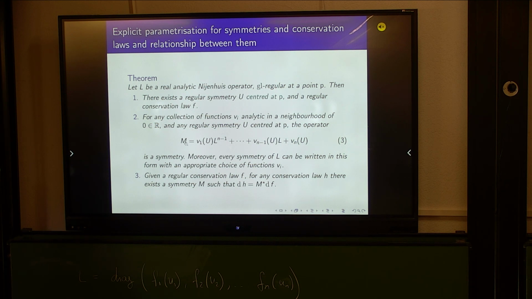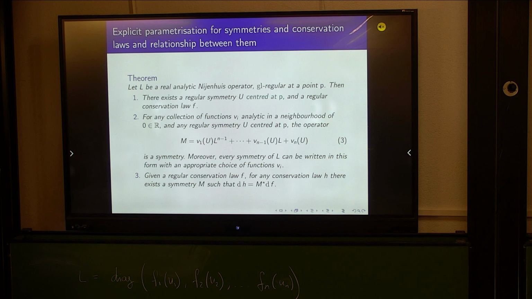The statement is that M is a symmetry, and moreover, each symmetry can be written in this way. So if you know just one symmetry, then any symmetry can be written by means of n functions in one variable.